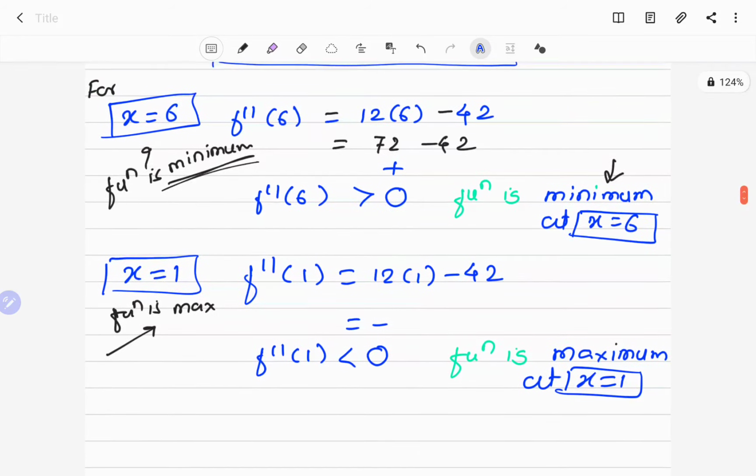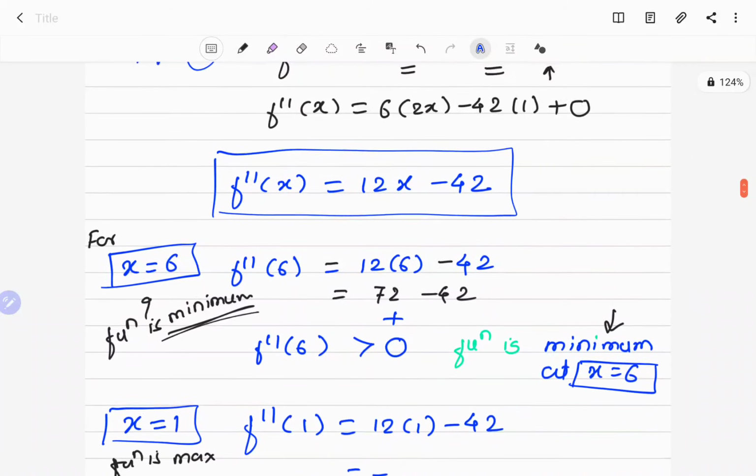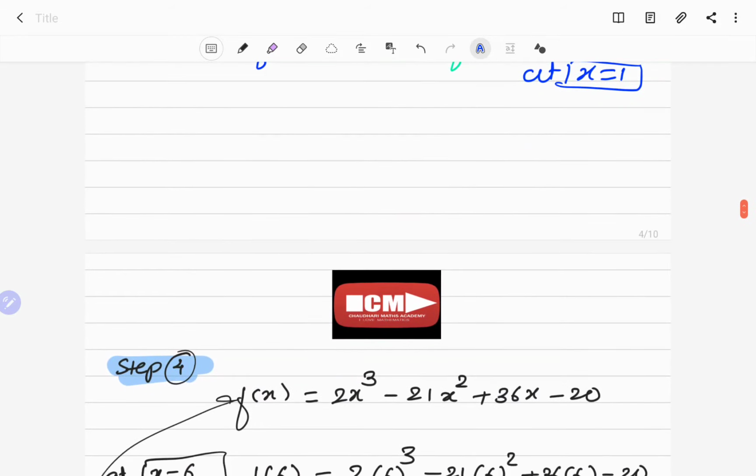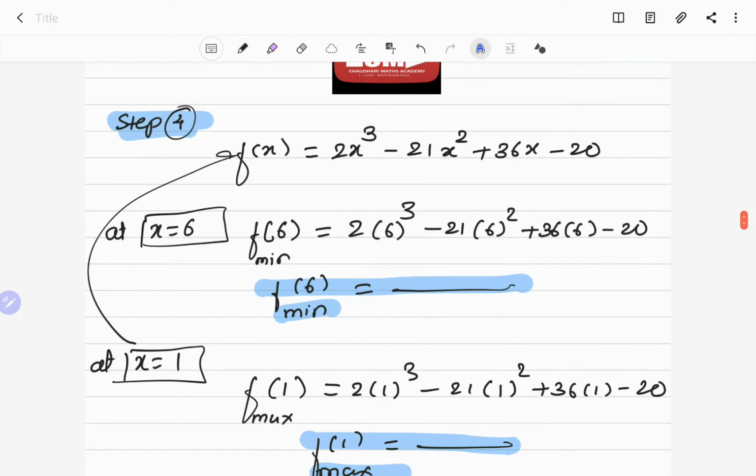So overall in this step number 3, we got these 2 conclusions. The function is minimum at x equal to 6 and it is maximum at x equal to 1, but we don't know the value of the function.